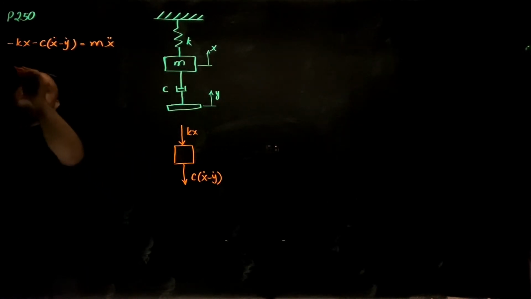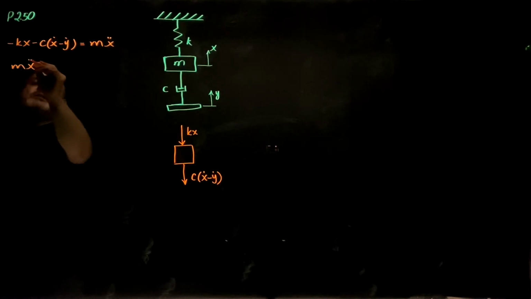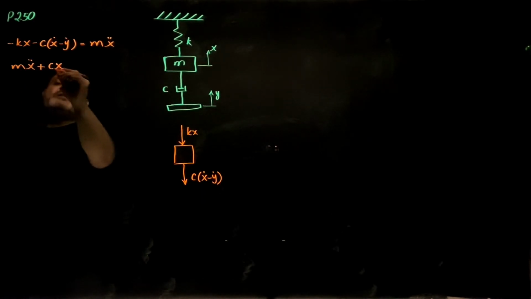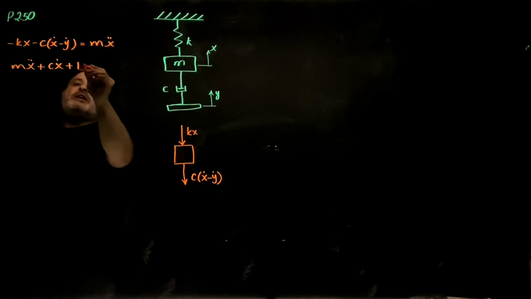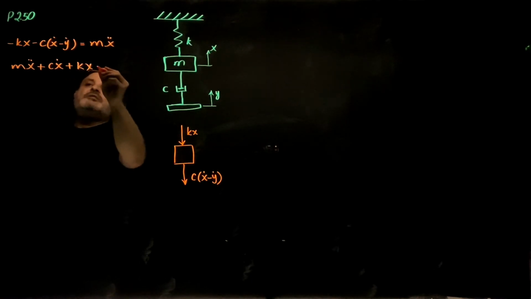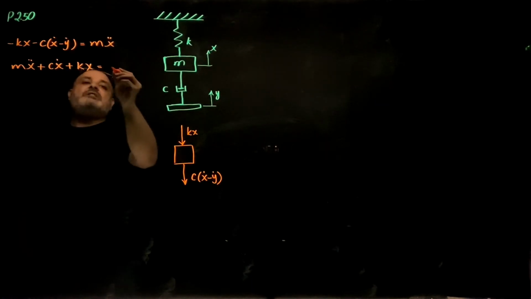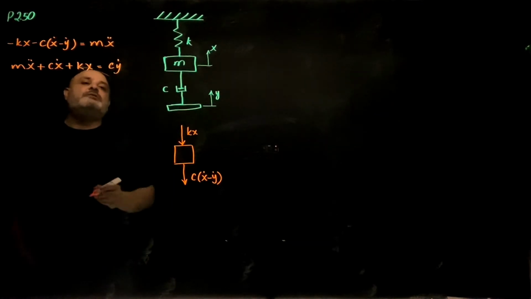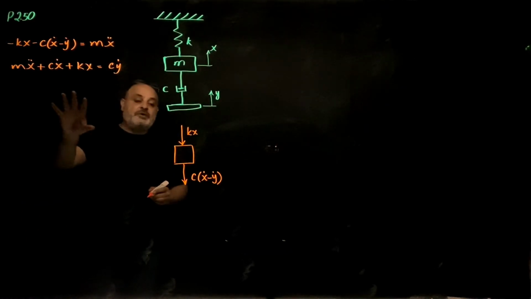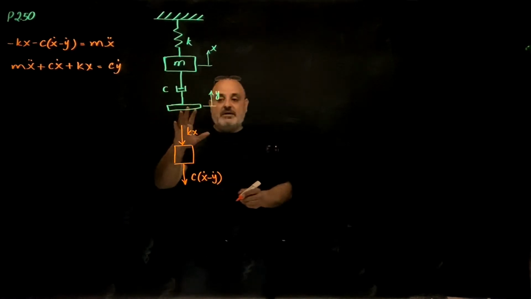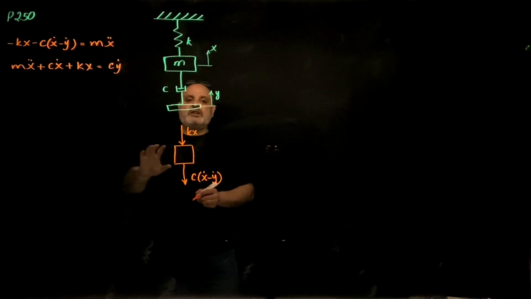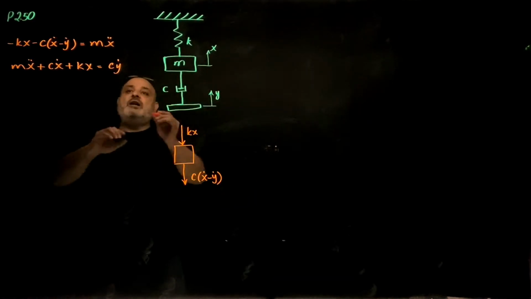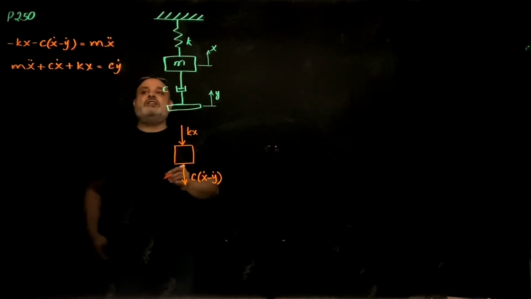So now rearranging this equation, m x double dot plus c x dot plus kx equals c y dot. So it's basically the same as our previous derivation, except that we now have only one term for excitation.